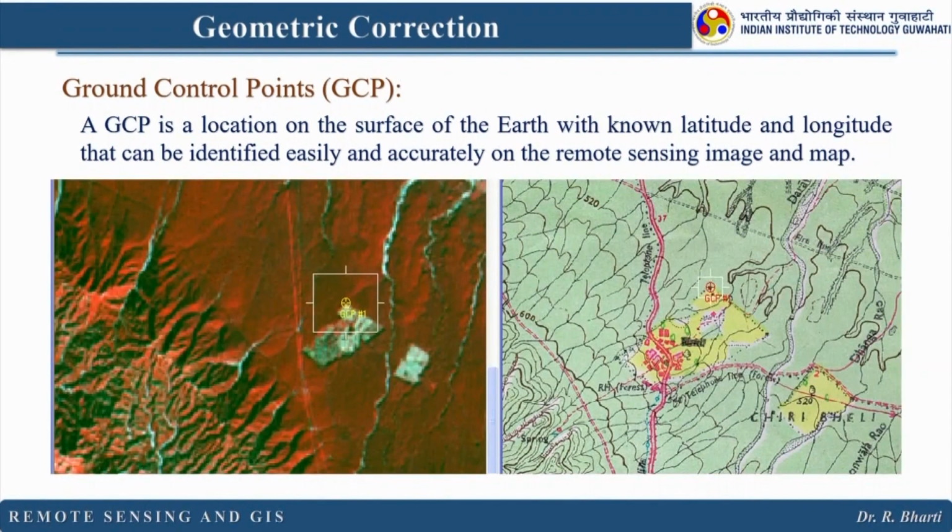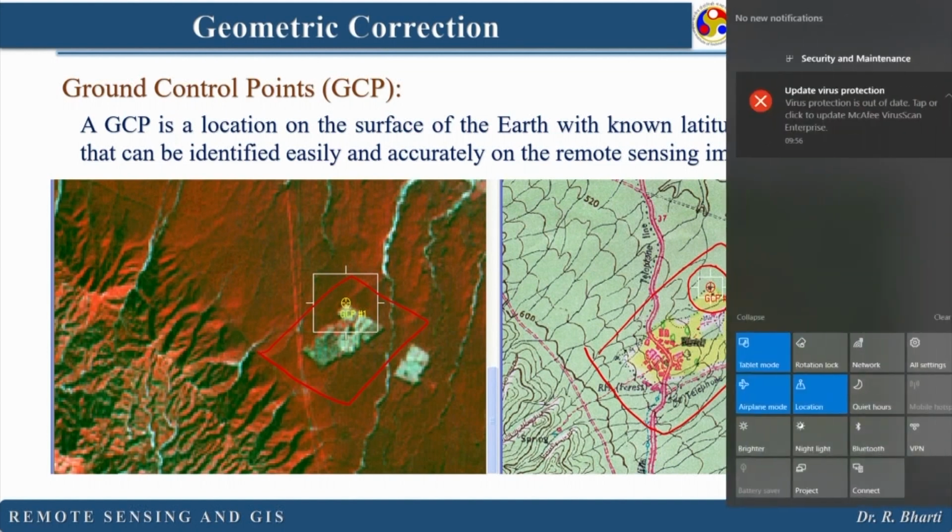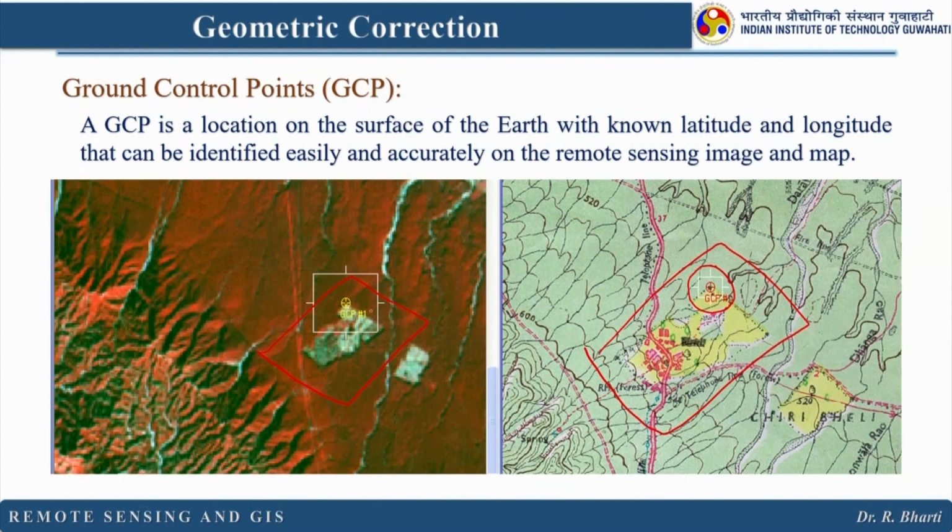So, suppose you have a topo sheet, right? The topo sheet is developed by Survey of India, and there we have the actual location of this particular piece of land. And for the same area you have a satellite image. Now you can see the location of this particular corner, and this corner can be identified easily on the map as well as on the image.